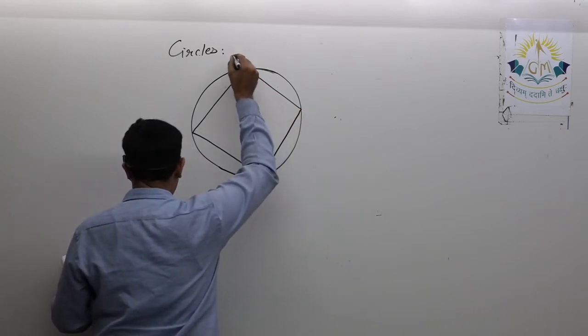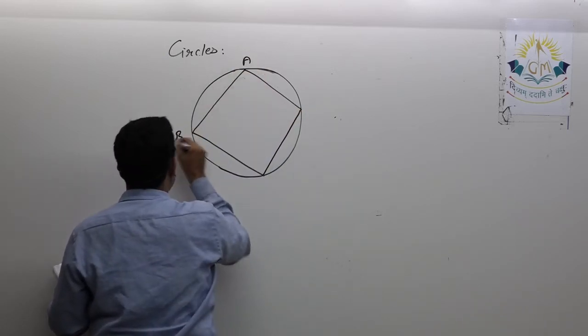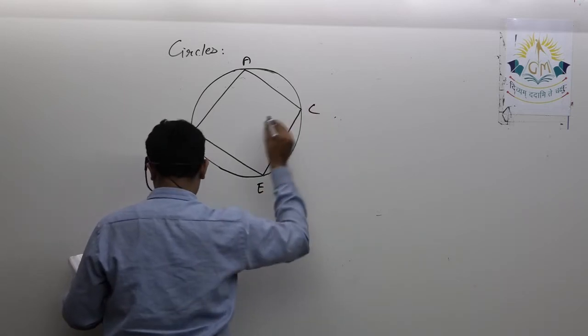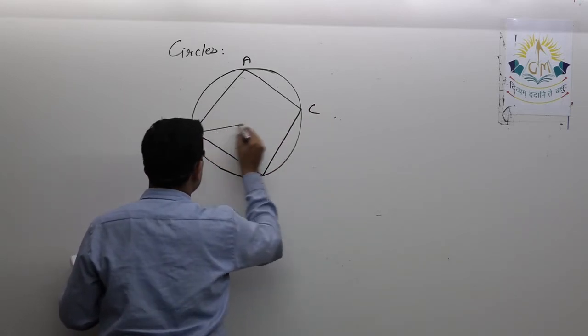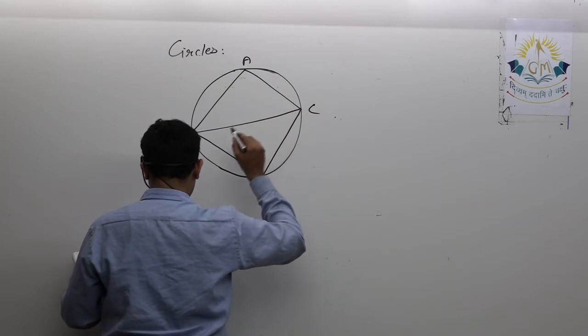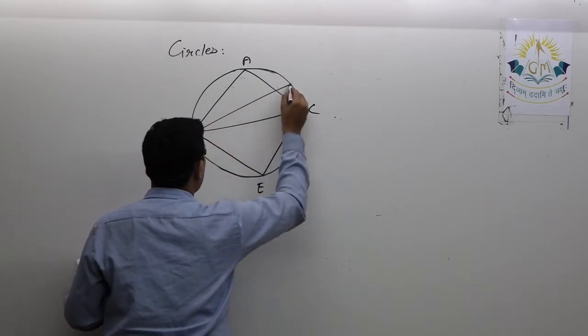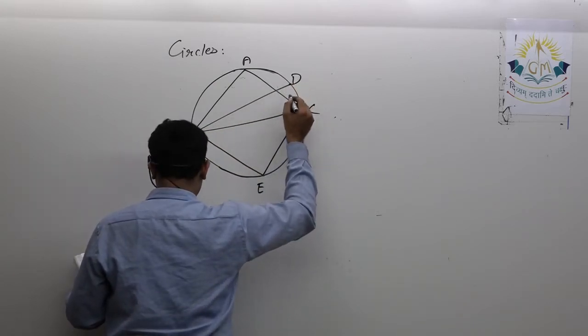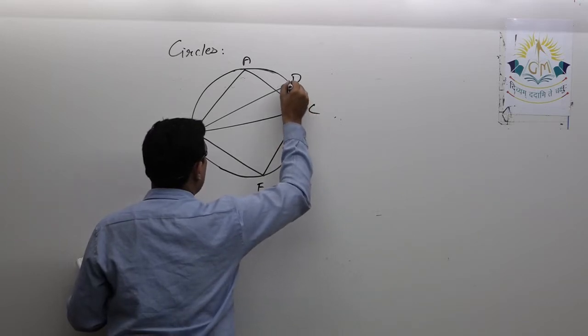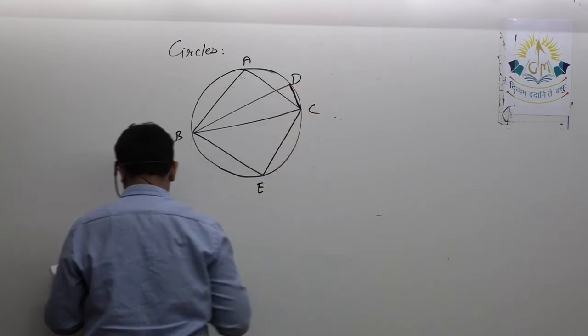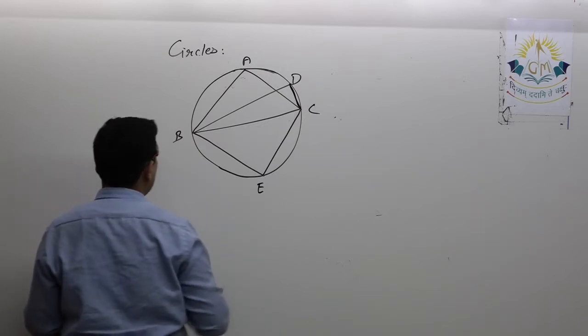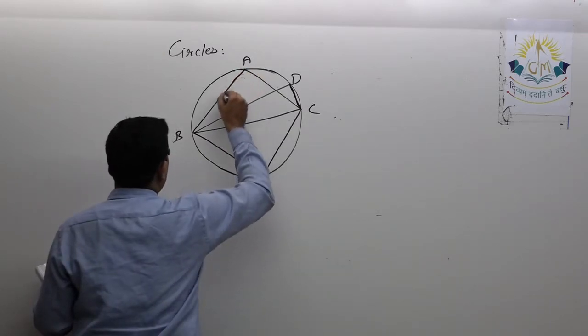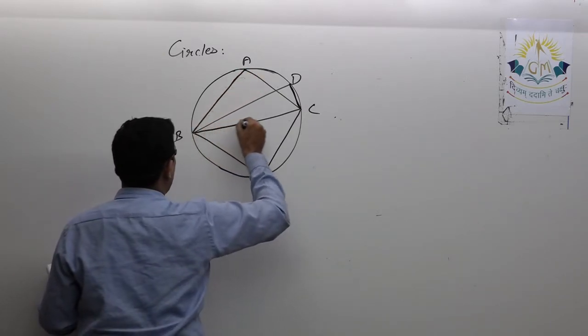We have ABEC. This is point D, and this CD is joined. Now it is given ABC is an isosceles triangle.